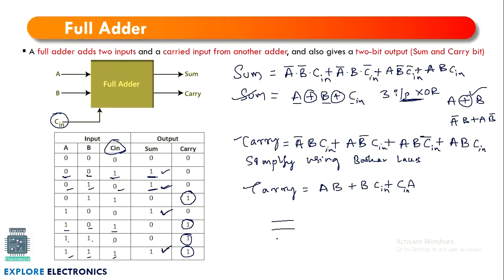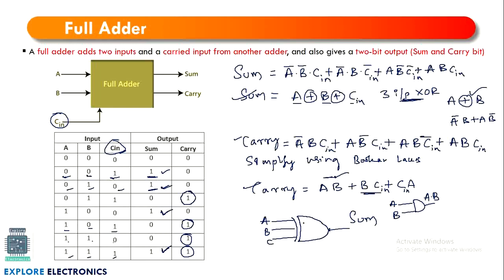Now we can write the circuit for this sum as well as carry. Sum can be generated by using 3 inputs A, B, C, and we are going to connect that to the XOR gate. This is XOR gate, it is generating sum. Okay. Similarly, carry expression is there. We need to implement this carry expression by taking input A, input B, use one AND gate to generate A dot B. Now this is generated.